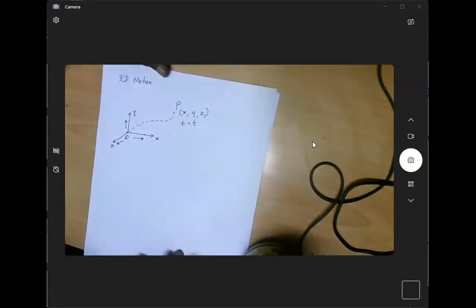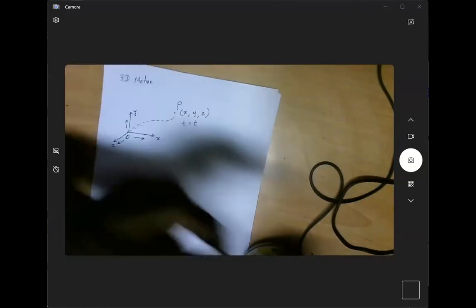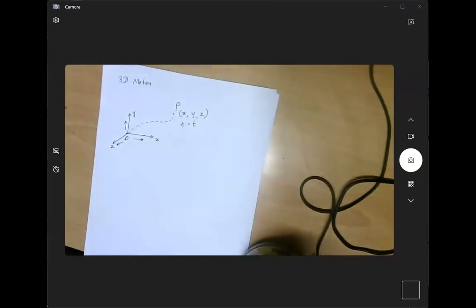Right? What is a unit vector? Have you ever used it? What do you call a unit vector?